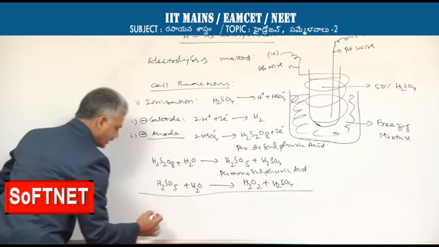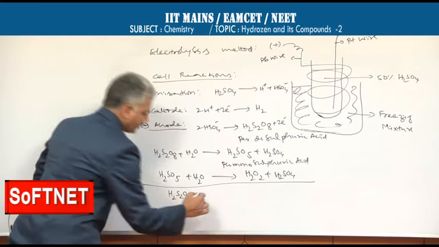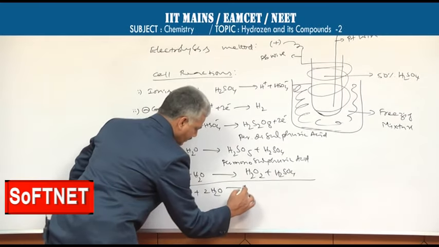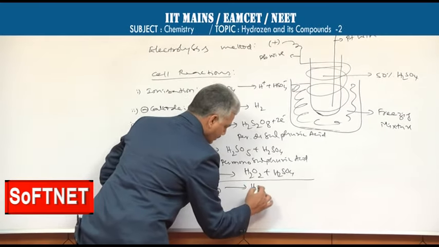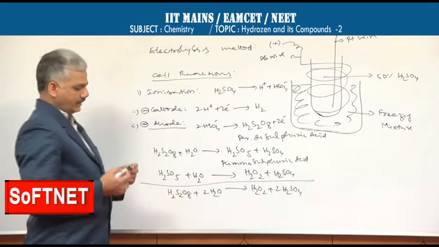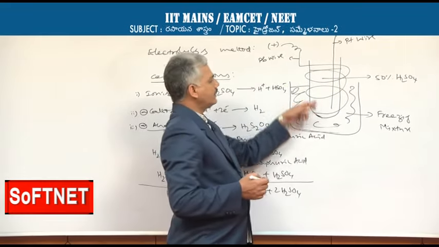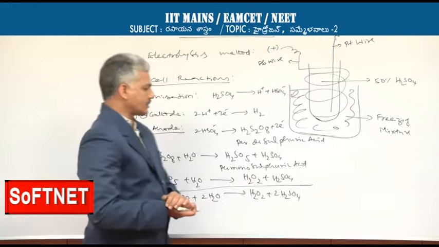The overall reaction is H2S2O8 plus 2H2O gives H2O2 plus 2H2SO4. The hydrogen peroxide is collected along the walls of the glass tube.